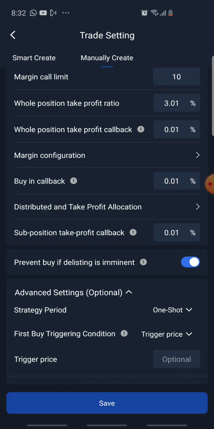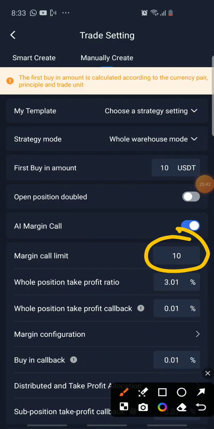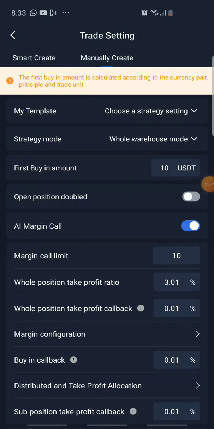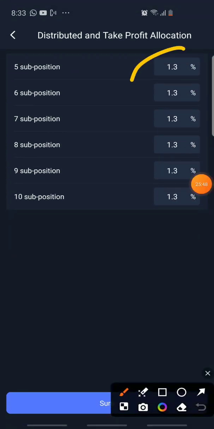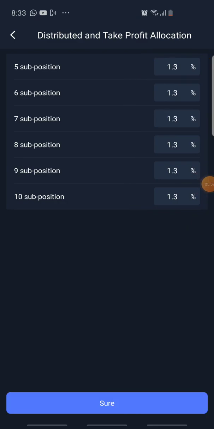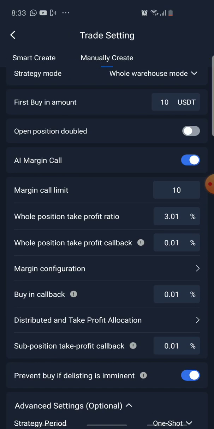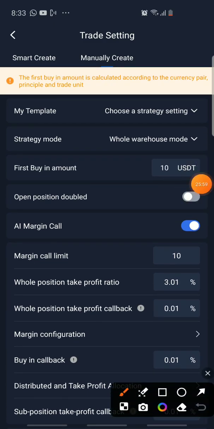Now, if you have margin calls above 5, 4, 5 and beyond, for this robot to sell these sub positions at their respective percentages, you have to put it in some strategy mode. I think here on top we have a part called strategy mode.